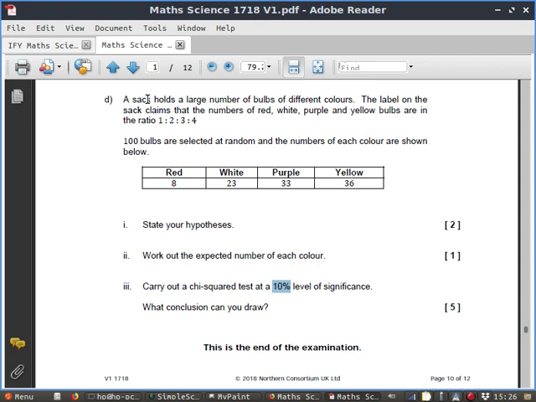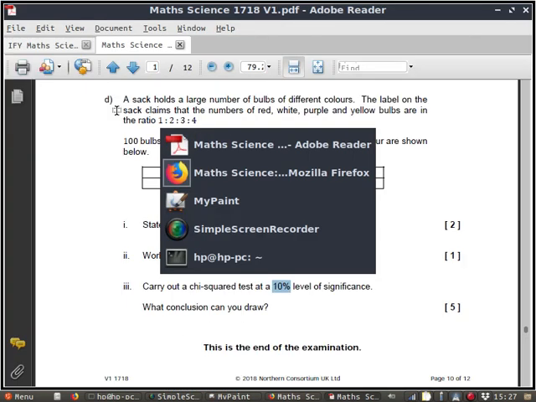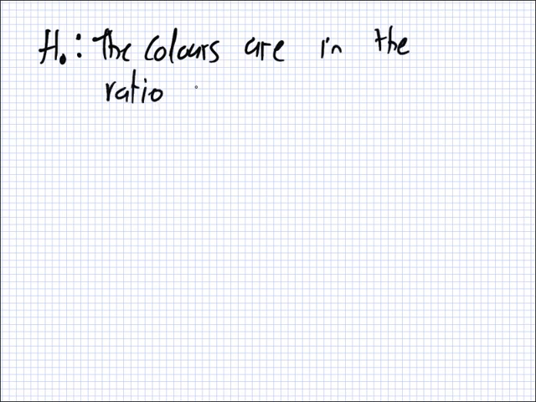Alright, let's have a look here. Do you have it down? Yeah. So, a sack holds a large number of bulbs of different colours. The labels on the sacks claim that they're in the ratio of 1, 2, 3, 4. State your hypothesis. Okay, so let's have a look at the first one here. The null hypothesis is that the numbers of the colours are in the ratio of 1, 2, 3 and 4 as claimed.